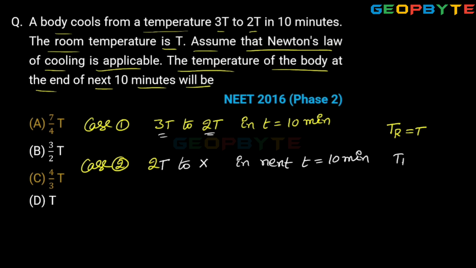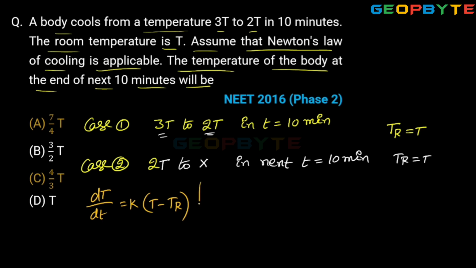For this case also room temperature equals T. As you know, the rate of change in temperature, dT by dt, equals k into (T minus room temperature).